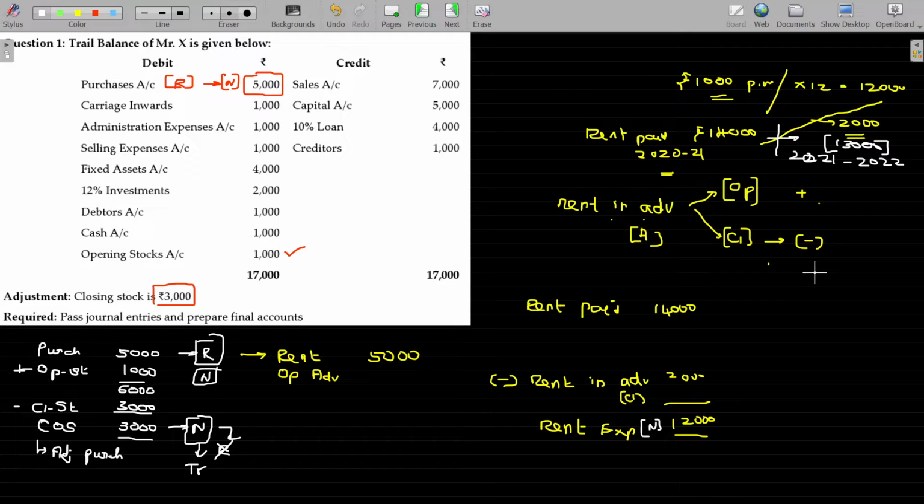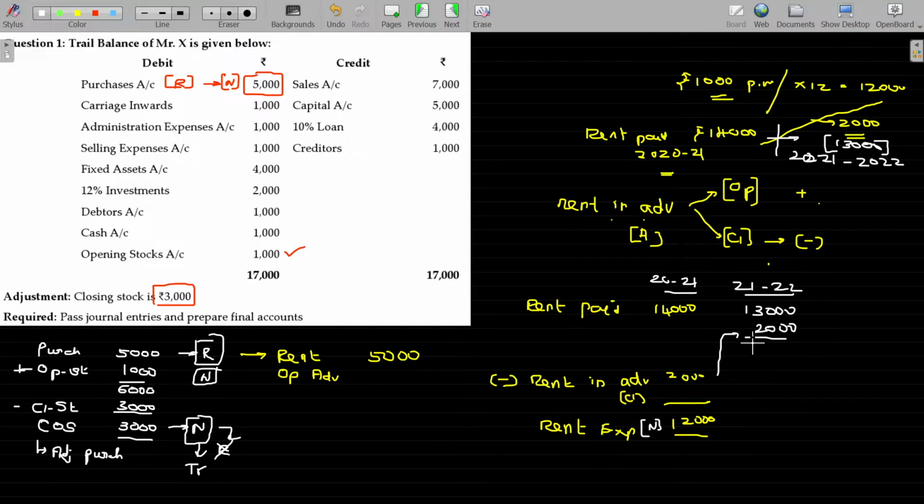But you paid 13,000. What does it mean? 3,000 is meant for the next year, meaning 22-23. So the rent paid in 21-22 is 13,000 rupees. The rent in advance of the previous year becomes the opening and should be subtracted. So you need to pay only 12,000 rupees.